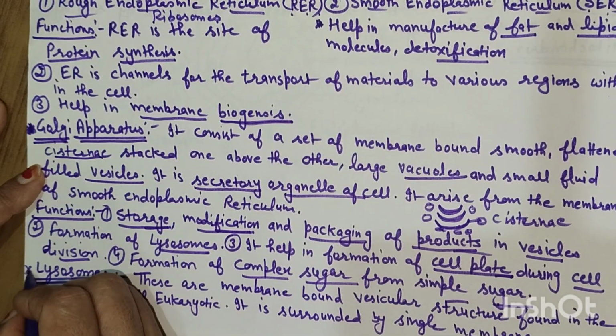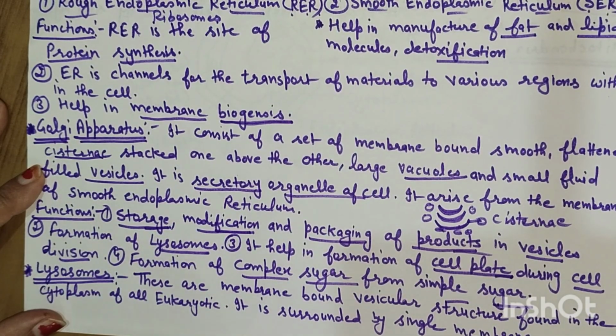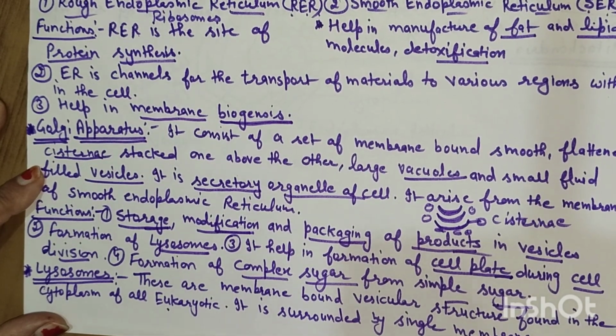Now the next organelle is the lysosome. Lysosomes are membrane-bounded vesicular structures found in the cytoplasm of all eukaryotes. It is surrounded by a single membrane, not a double membrane.